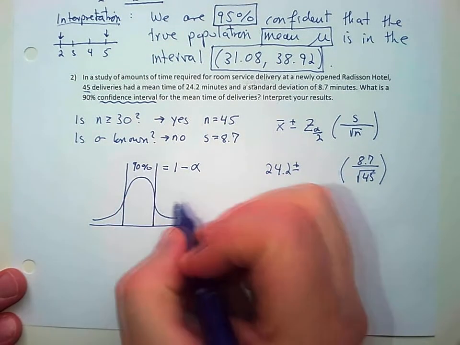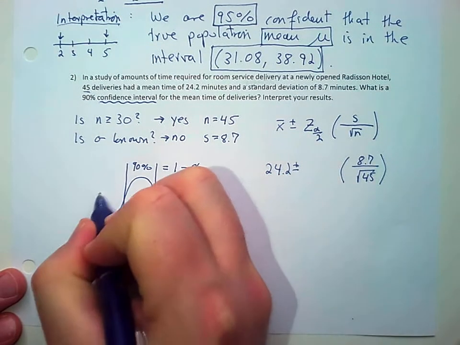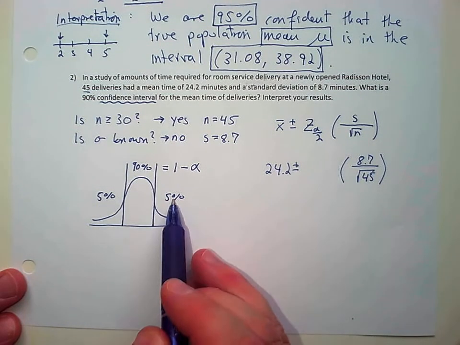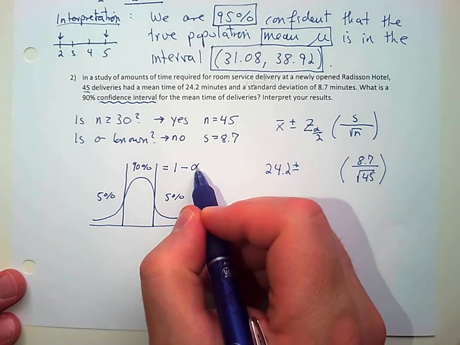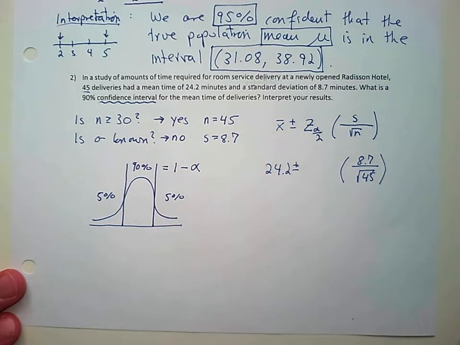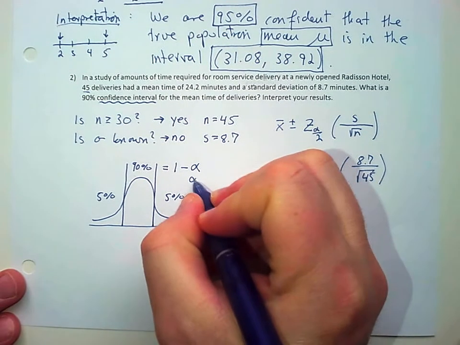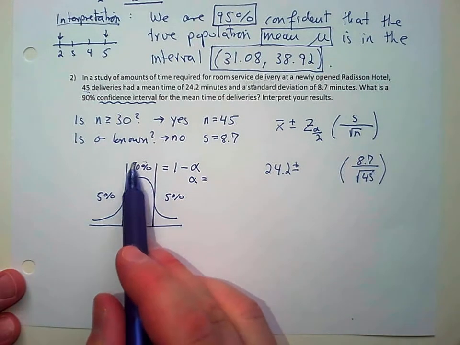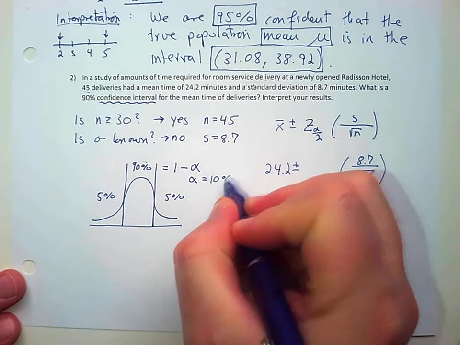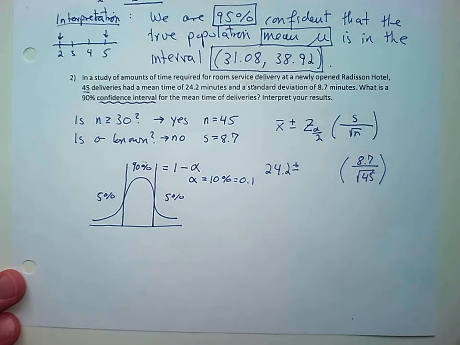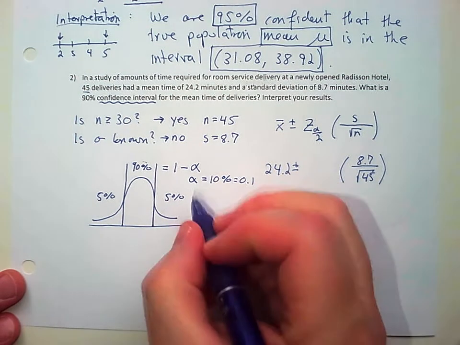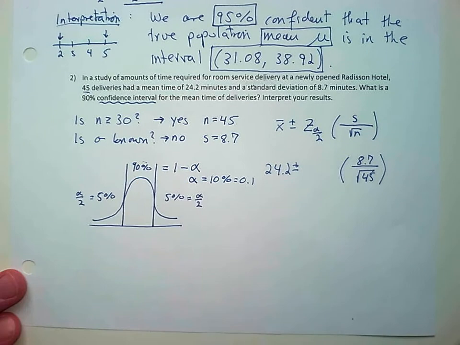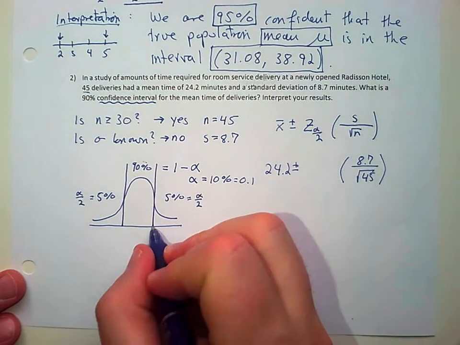So therefore, here, if we have 90% right here, we're going to have 5% over here and 5% over here for a total of 100%. And since 1 minus alpha is equal to 90%, we've always said that alpha is whatever is left over between our confidence level and 100%. So therefore, alpha is equal to 10% or 0.1. So therefore, 5% is equal to alpha divided by 2. So we have alpha divided by 2 over here and alpha divided by 2 over there.